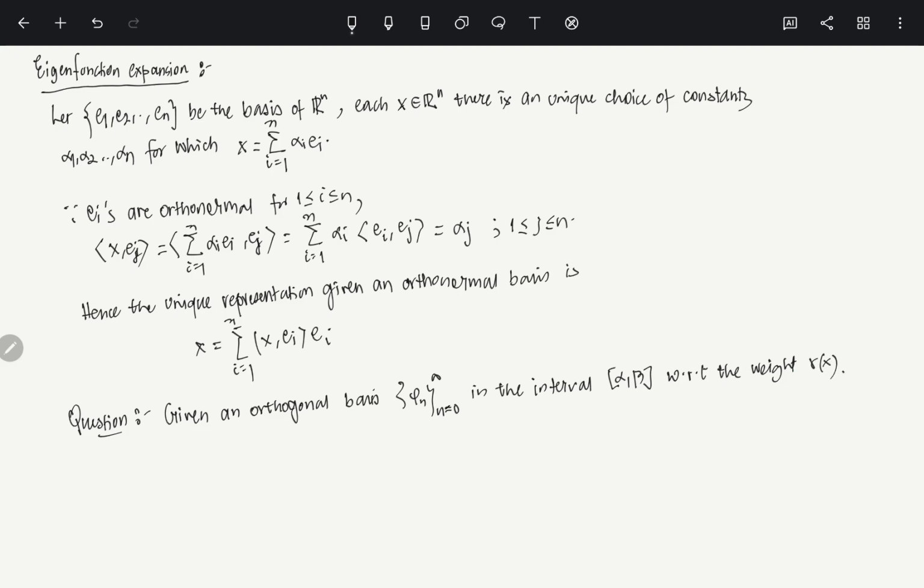Is it okay? Now, the thing is this, can we represent another function, let's say f of x?